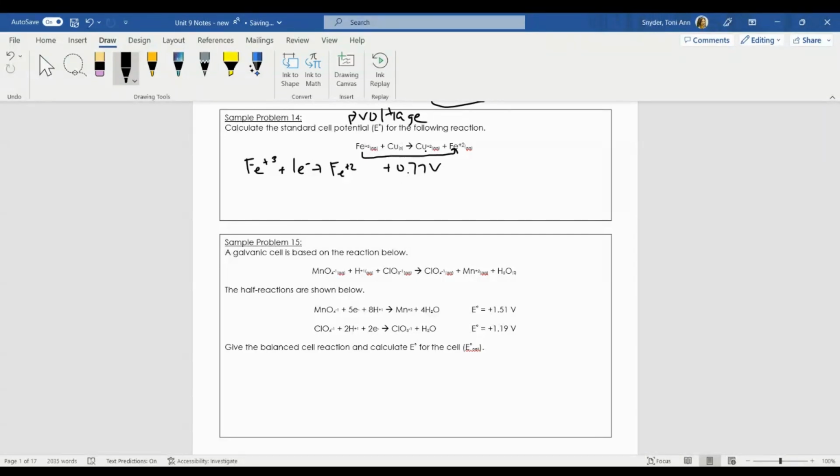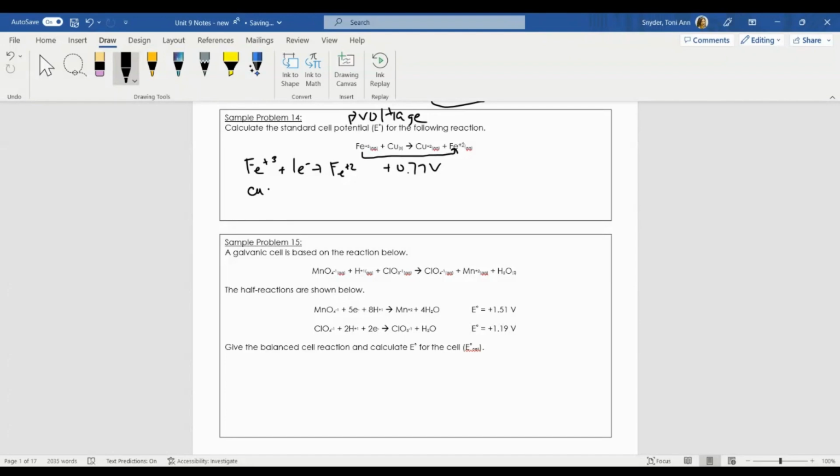Let's look up copper to copper +2. Now, in this case, copper is getting oxidized. So I will need to find the reduction of copper +2 on this green paper. So copper +2 getting oxidized to just regular copper with an oxidation of 0. You do have to be careful. Looks like I would have to flip it.